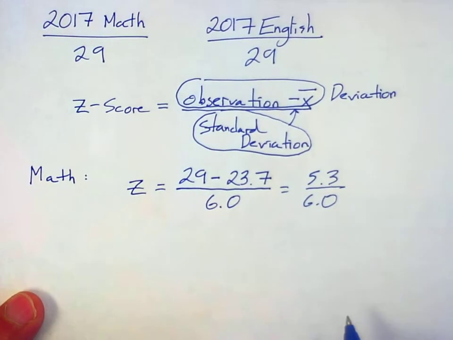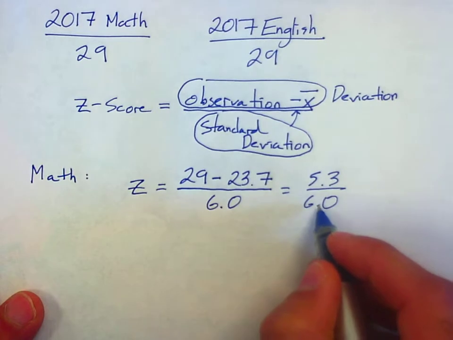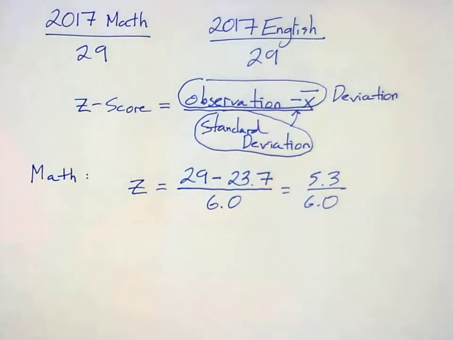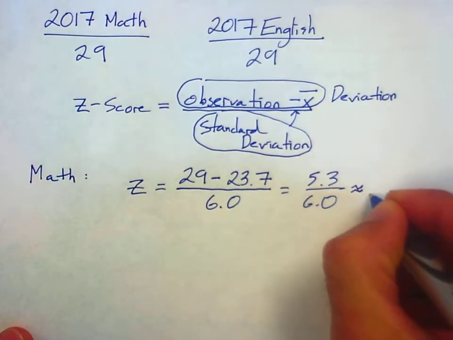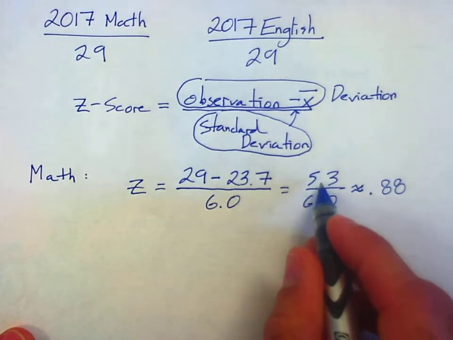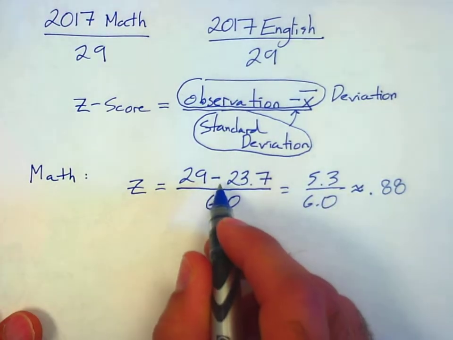So a z-score just tells me how many standard deviations, how many of these 6s will fit into that 5.3. Well, if you take the 5.3 and divide it by 6, you get about 0.88. So 0.88 standard deviations fit into this observation's deviation.